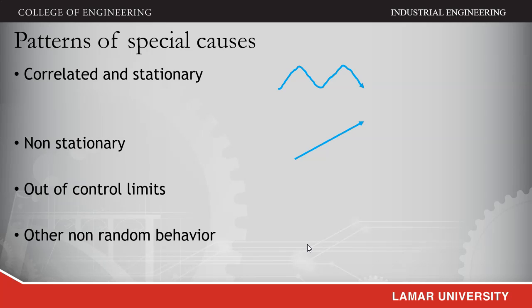Of course, we have issues when we obtain data points that are out of the control limits, and there are other non-random behaviors, like, for instance, you could have too many points on one side, or this would also be correlated if you have 1 point above, 1 point below, 1 point above, 1 point below consistently.